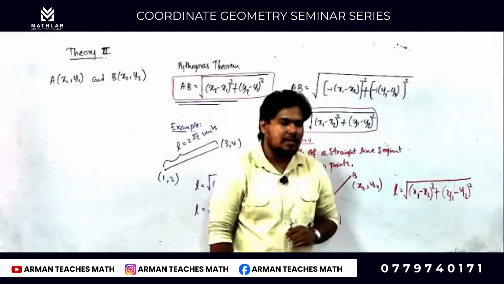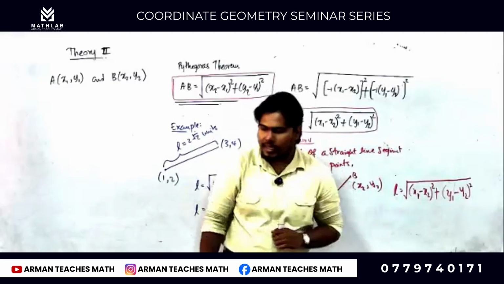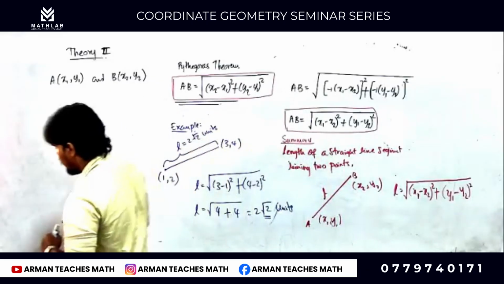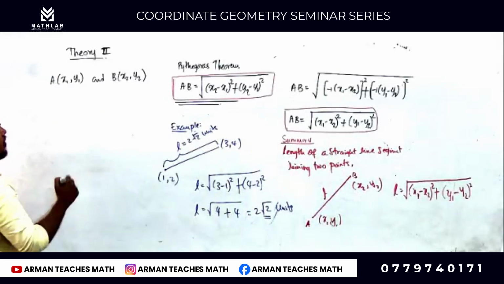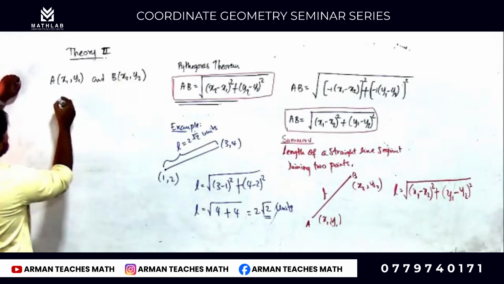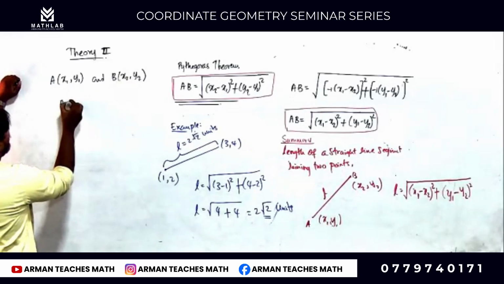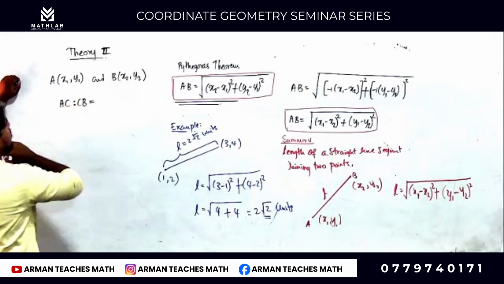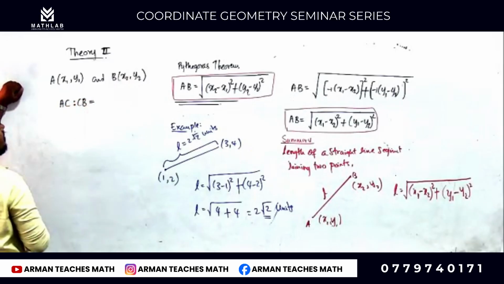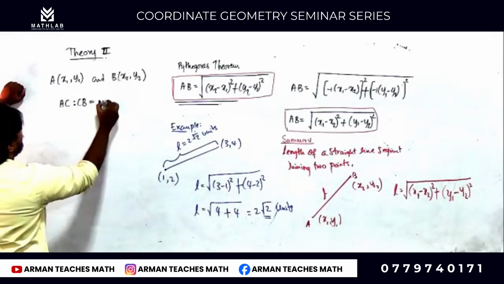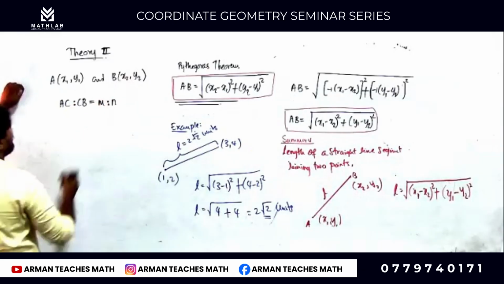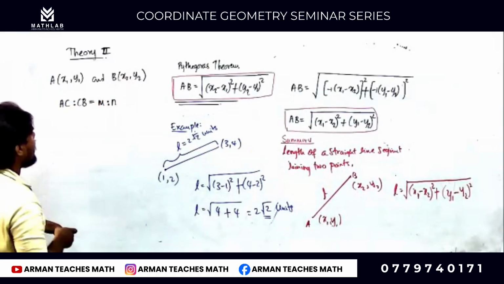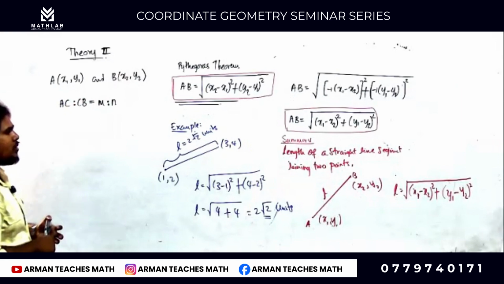Consider a point capital C on the straight line AB such that AC is to CB equals M is to N.